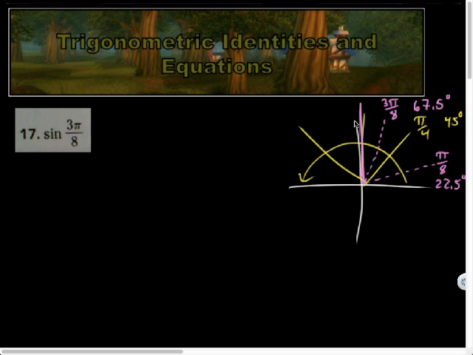Okay, and I just want to point out that 67.5 degrees is half of what angle? 135. Yes, it is. And 3 pi over 8 is half of what angle?